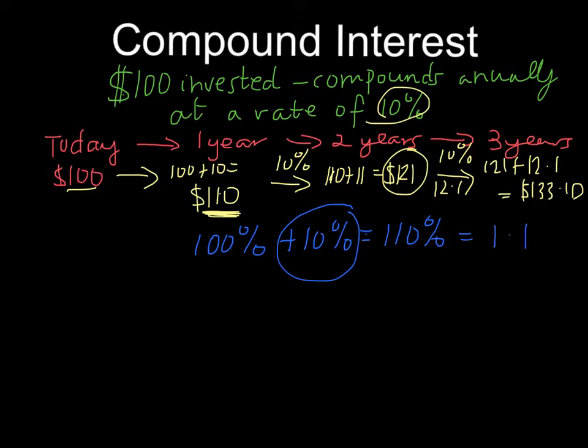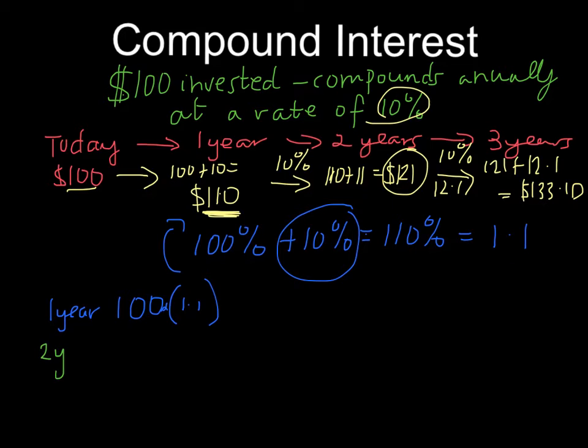So if I start with $100, after 1 year, it's going to be equal to $100 times by 1.1. That would give me my $110.